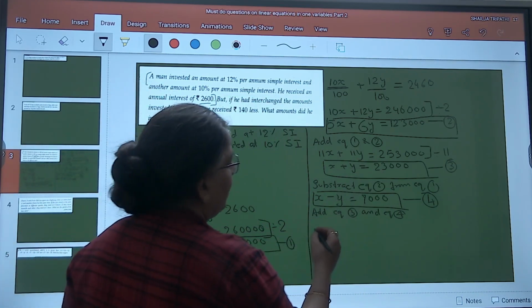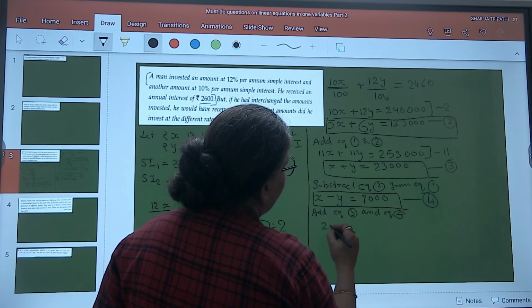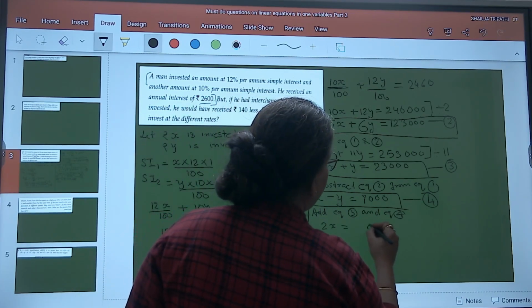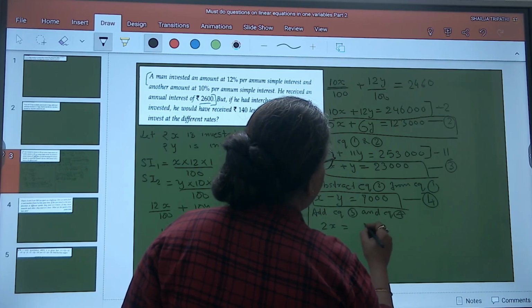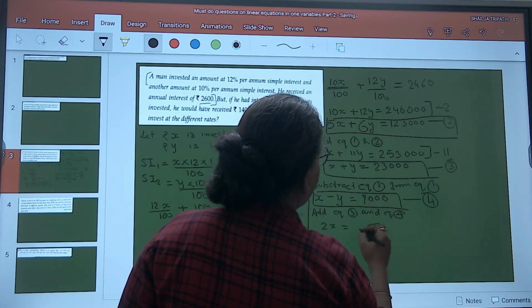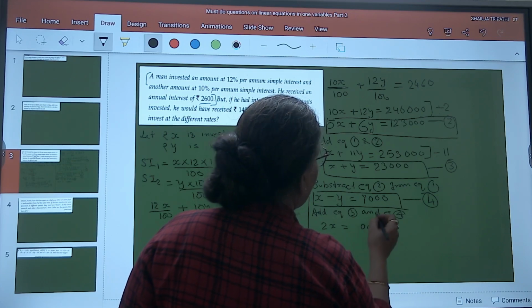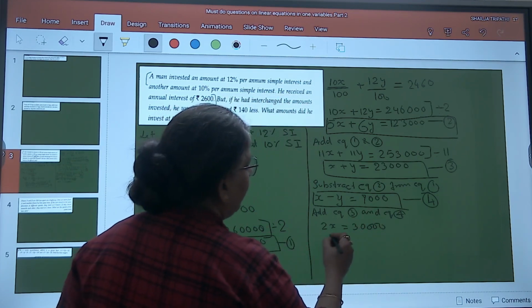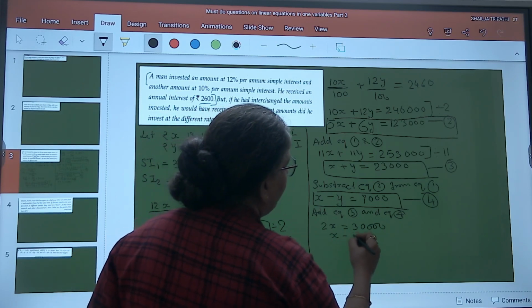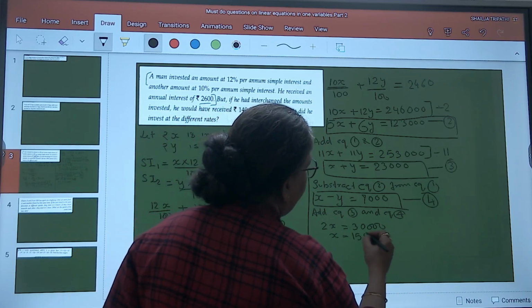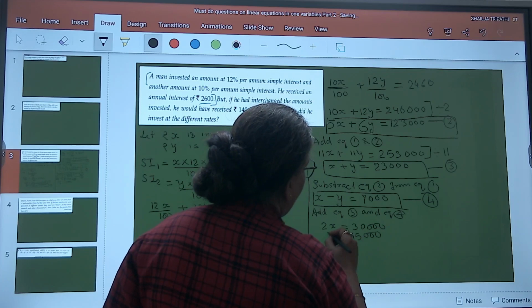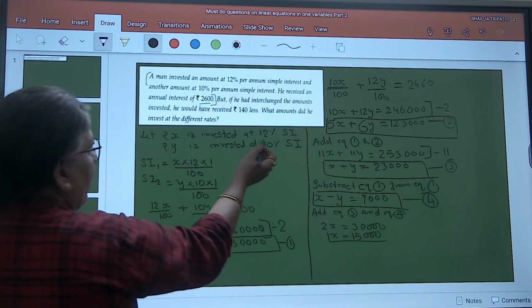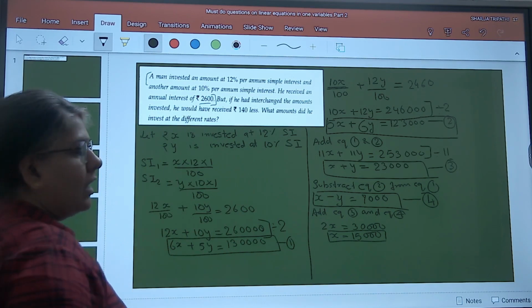Y will cancel out and you are left with 2x is equal to 30,000, or x is equal to 15,000. So the amount initially invested at 12% is 15,000.